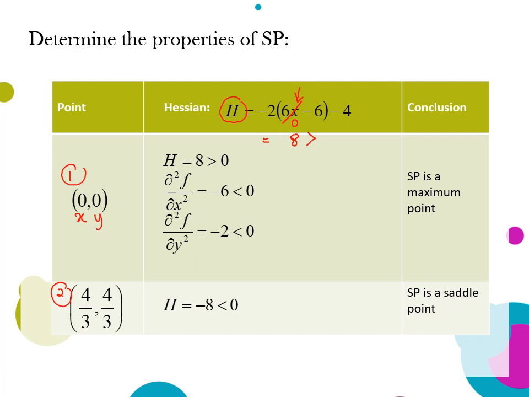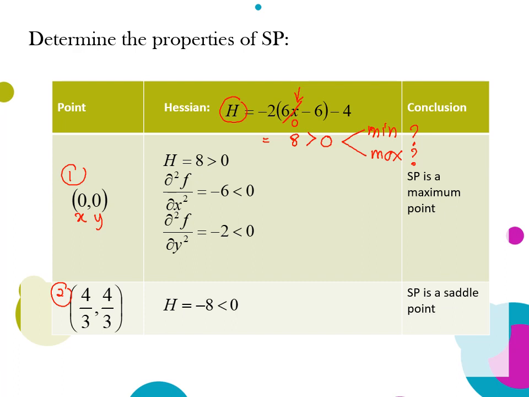It is greater than 0. So the condition said if your Hessian is greater than 0, there are two possibilities, whether the point 0, 0 here is minimum or maximum. So which one of these?